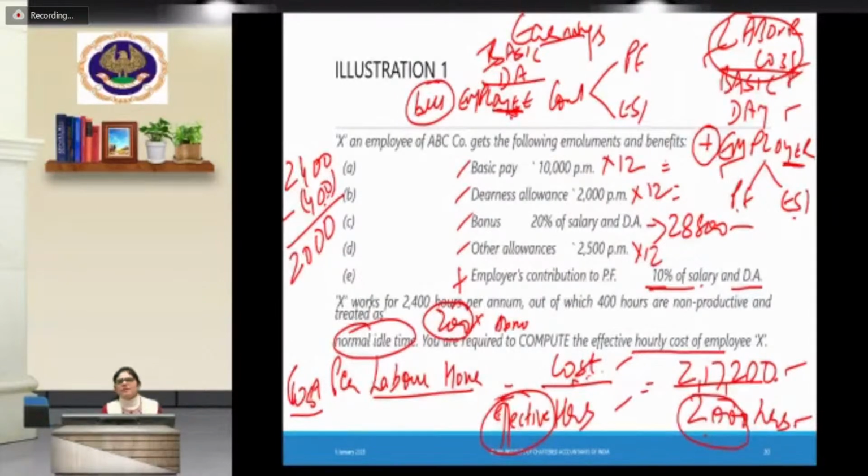If I calculate 2,17,200 divided by 2,400, the total hours spent, it comes to 90.5 per hour. But my effective hours are 2,000. So we have to calculate on effective hours.